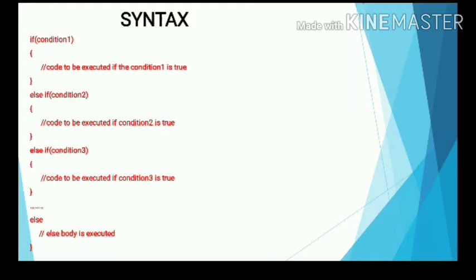Suppose condition 2 is false, then it comes to the next else if. In the next else if, again it checks condition 3. If condition 3 is true, then the condition 3 code will be executed. In this way, the else if ladder is executed. Finally, the default statement is executed if none of the conditions is matched with the value.